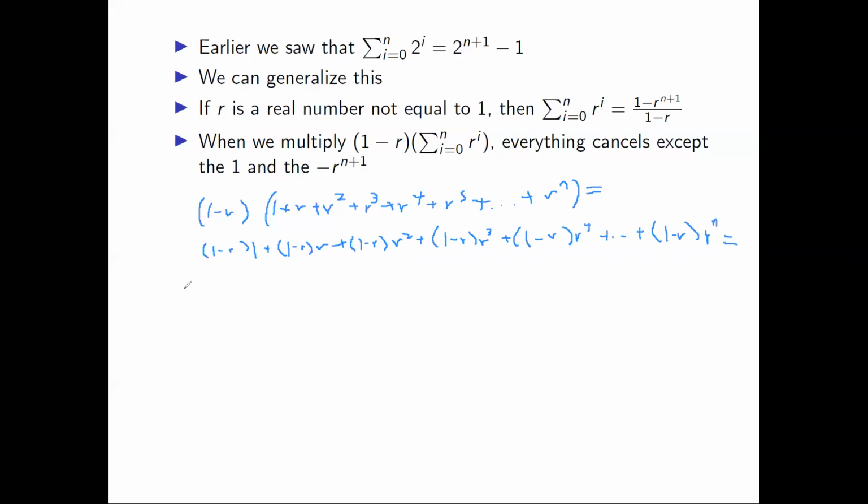And now we can simplify further. So we get a 1 minus r plus r minus r squared plus r squared minus r cubed plus r cubed minus r to the 4th plus r to the 4th minus r to the 5th plus dot, dot, dot plus r to the n minus r to the n plus 1.